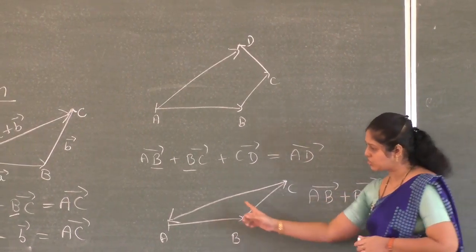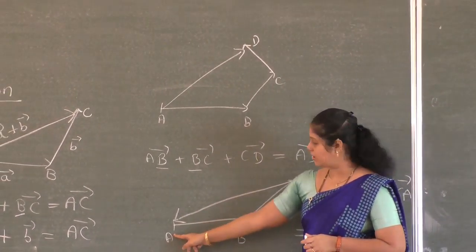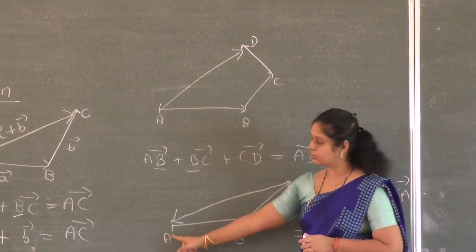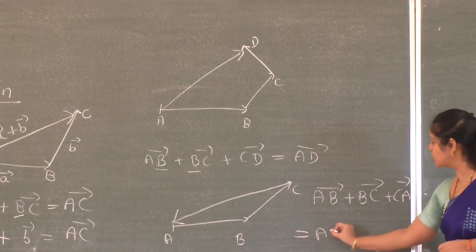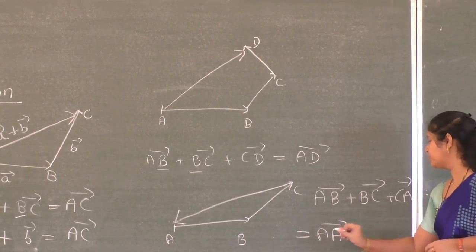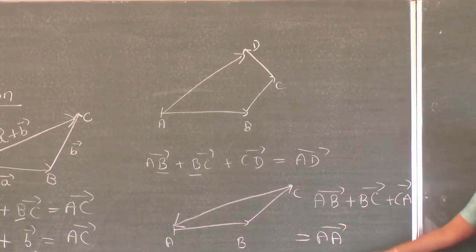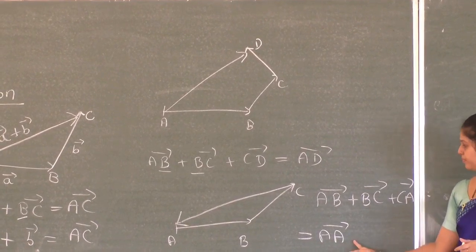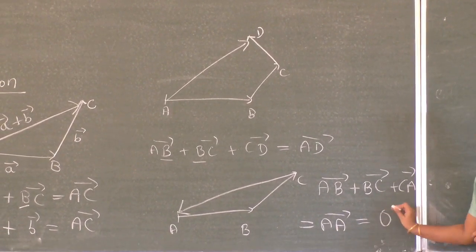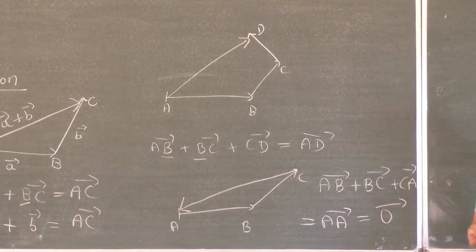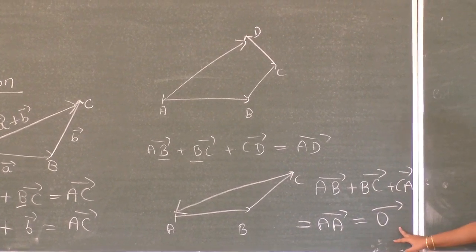That means the journey started at A, then again returned to A, following the arrow marks. Therefore the initial point is A and the terminal point is also A. So we get vector AA, which is equal to the zero vector, or null vector.